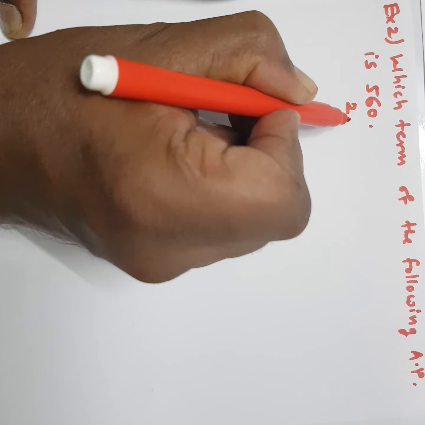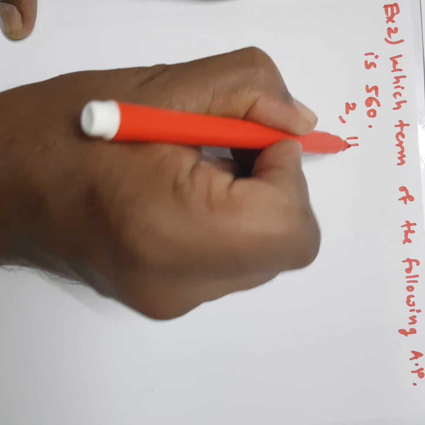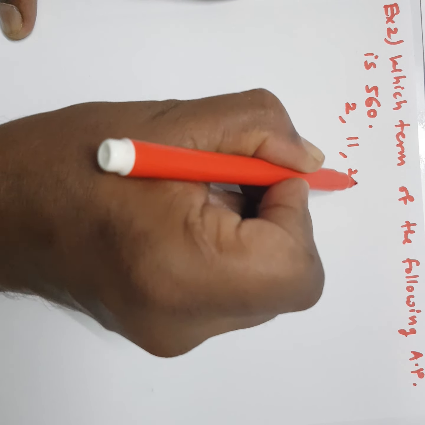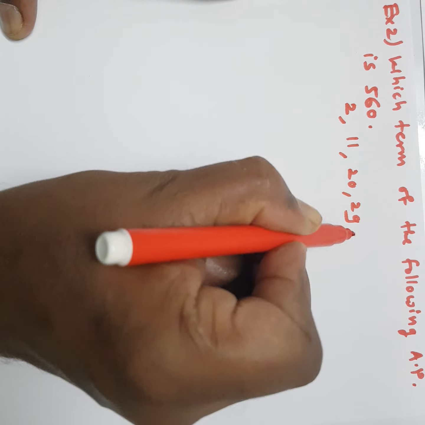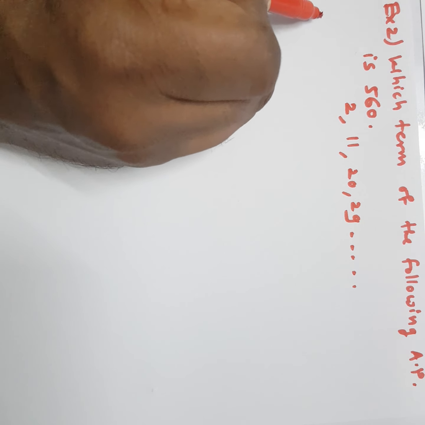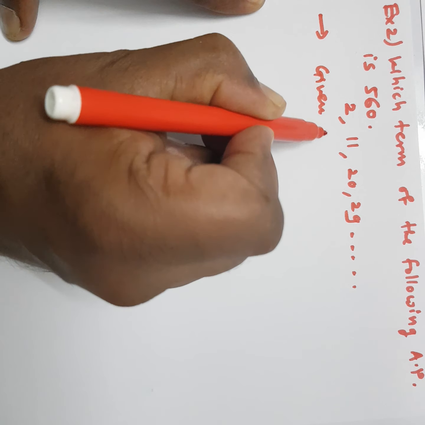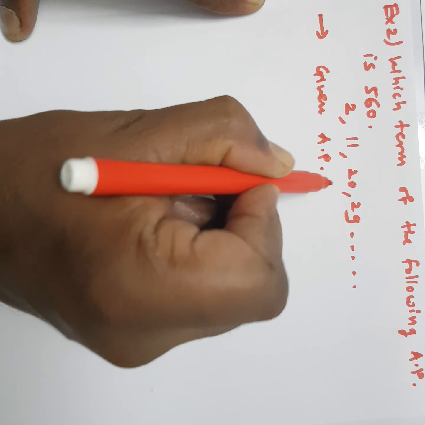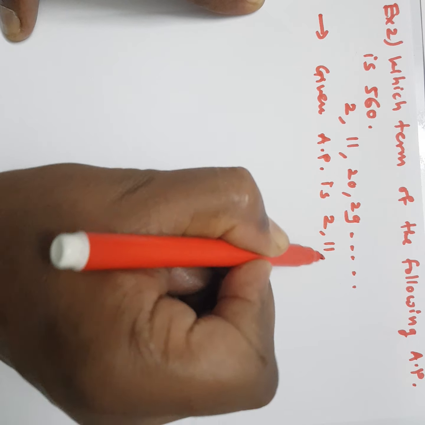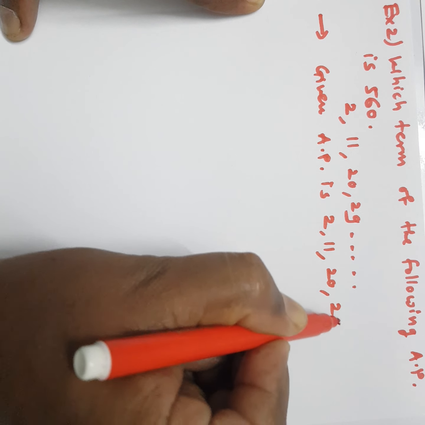The given arithmetic progression is 2, 11, 20, 29, etc.